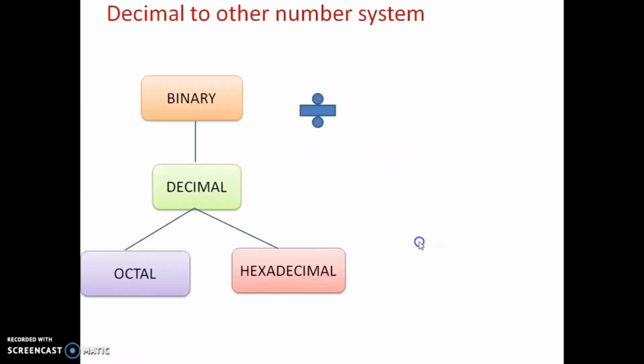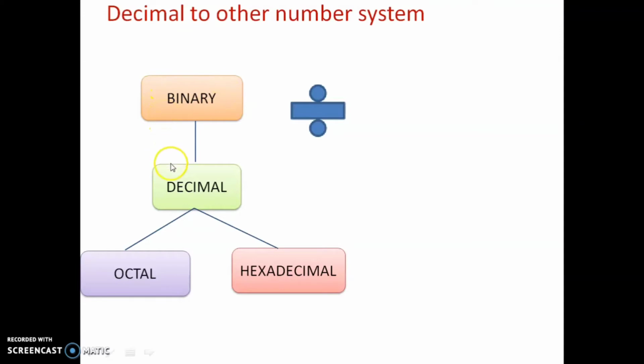Conversions. Decimal to other number system, that is conversion from decimal to binary, decimal to octal or decimal to hexadecimal number system. This can be done by using a division method. To perform this, when you are converting decimal to other number system, the decimal number is divided by the base of the target number system.